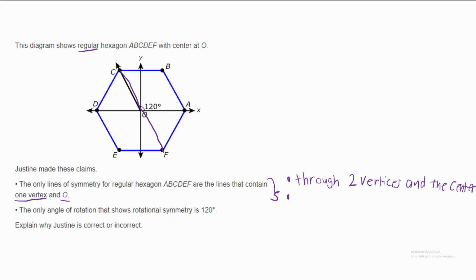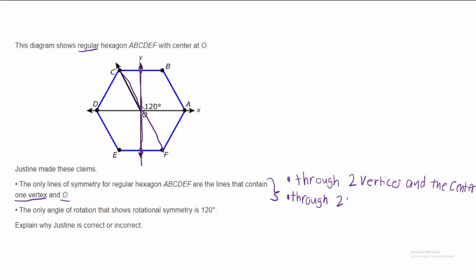But also, if we do something like Y here on my Y-axis, this is going through the midpoints of opposite sides, right? But that also works. That is a line of symmetry.